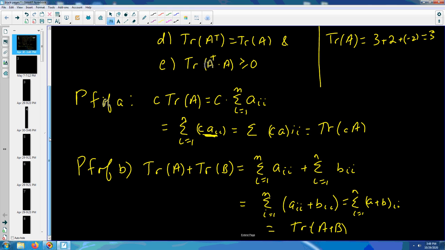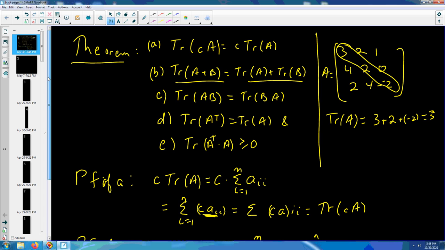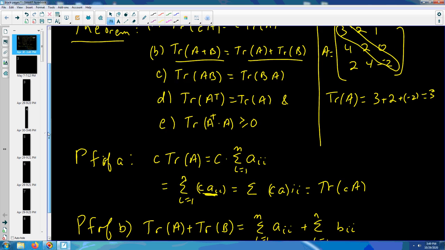Letter C, we want to show that the trace of our product commutes.